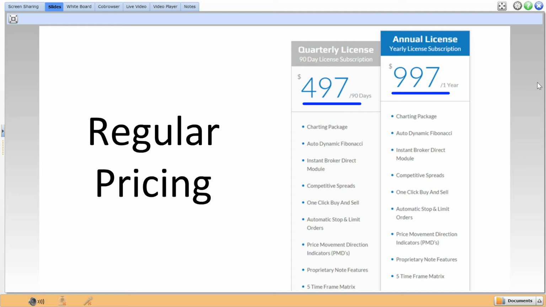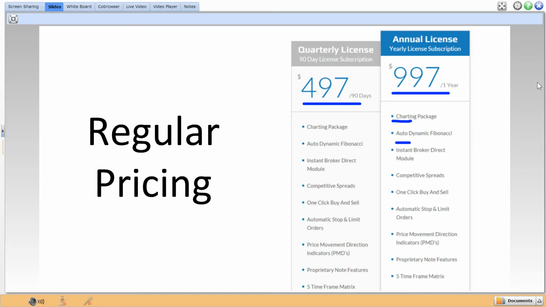With that, you'll have the charting package, so everything that we just went over with all the dynamic Fibonacci, plus all of the normal indicators that any charting package would have. That's all included. How I was using the charts, trading off of the charts, and you can trade off the matrix.